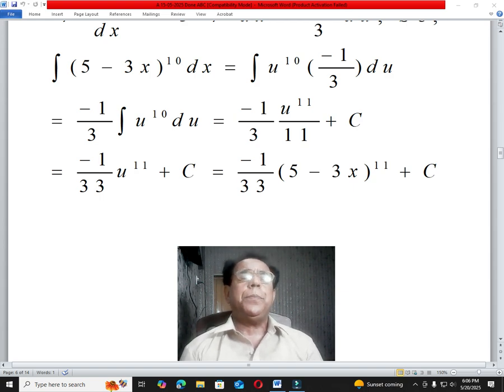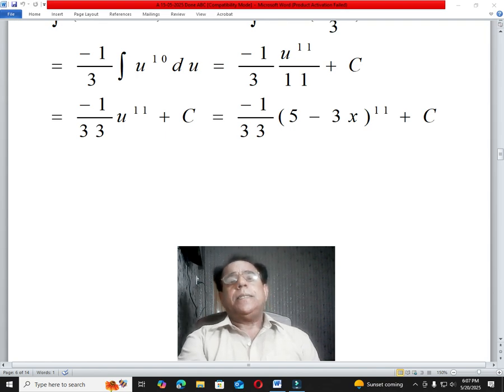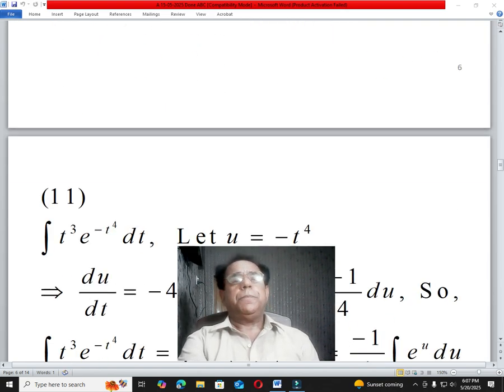So the next step will become minus 1 by 33 u raised to power 11 plus c. To this extent our answer is complete. The only step remaining is that we have to resubstitute u by its original value. So our answer will become minus 1 over 33 (5 minus 3x) raised to power 11 plus c.